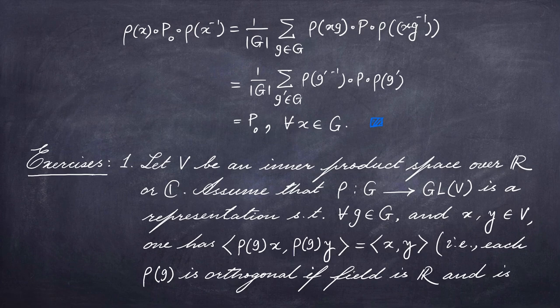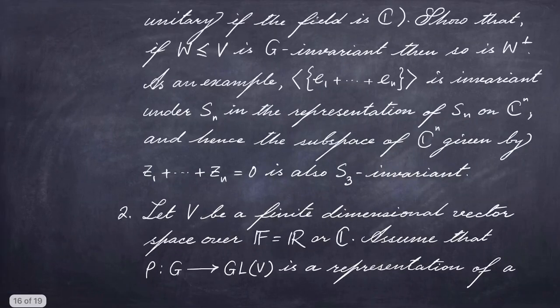The first exercise says that if we have an inner product space over R or C, and a representation rho of G on the inner product space V, such that each operator rho G is orthogonal or unitary depending upon whether the inner product space is over R or C, so what I mean by this is it preserves the inner product, then for every G invariant subspace, its orthogonal complement is also going to be G invariant.